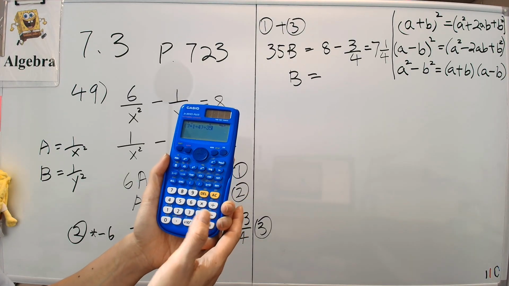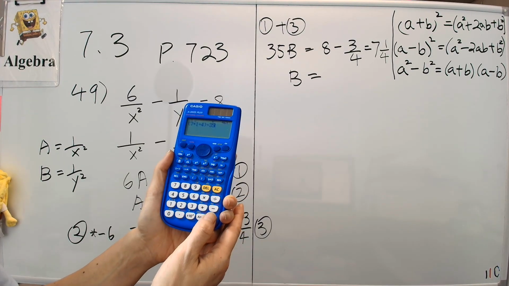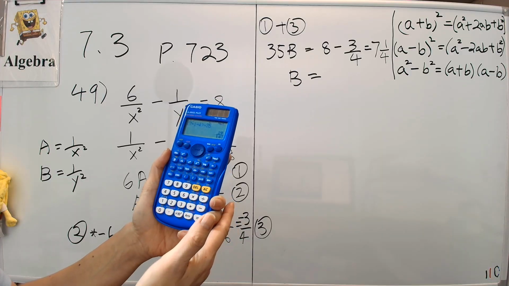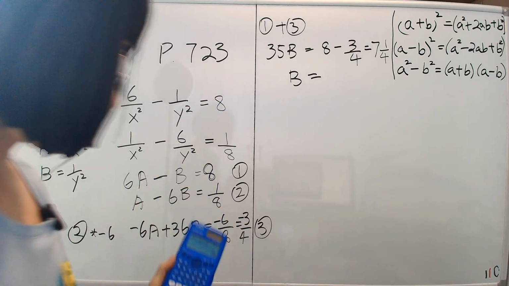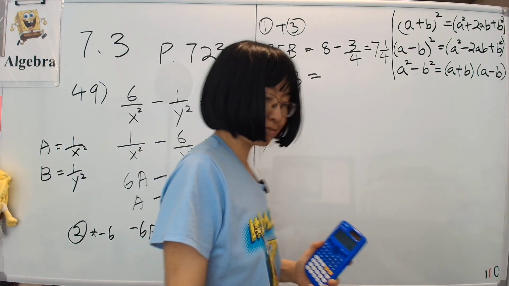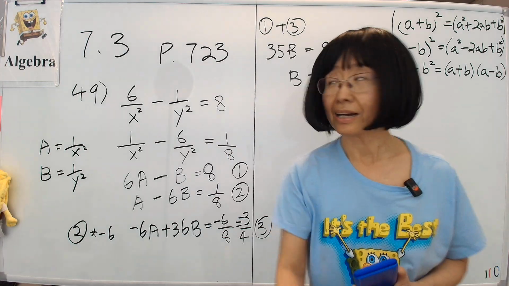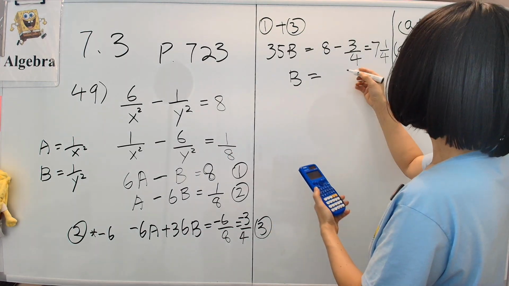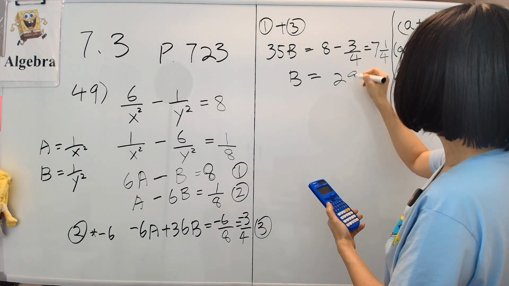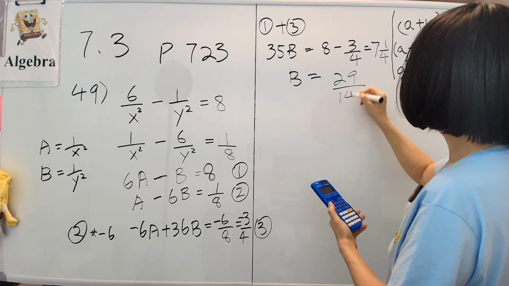That's b. Okay. That's 29 over 140. I will check this first. All right, so let me write this down. B equals to 29 over 140. We'll deal with that later.